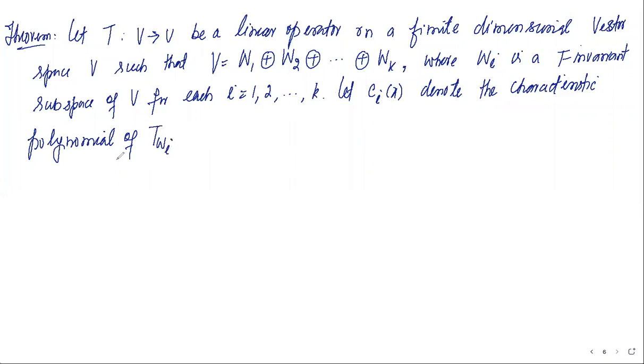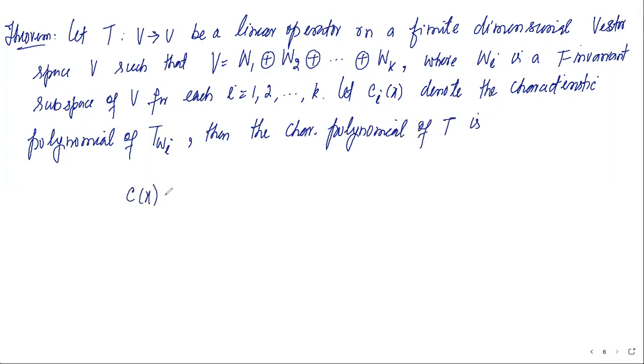Suppose Ci of x denotes the characteristic polynomial of T_Wi, then the characteristic polynomial of T is C of x, which is equal to C1 of x into C2 of x, and so on, into Ck of x.